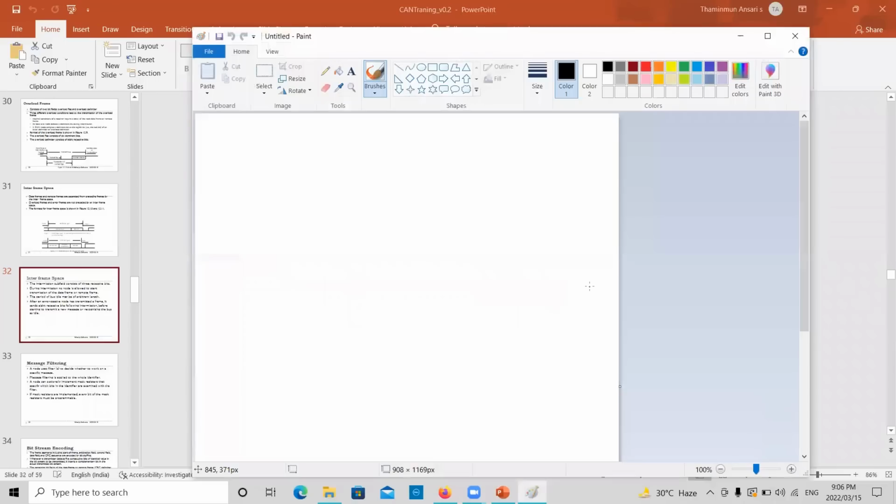See, when you take a complete packet, it has a start of frame, which is active low, and then a series of bits. So I am drawing only CAN high, right?